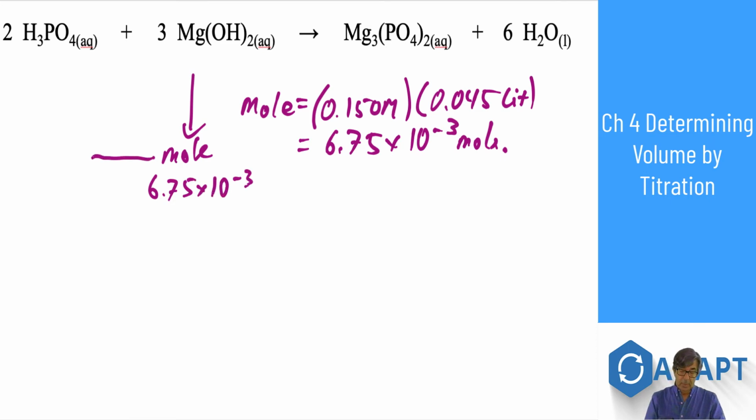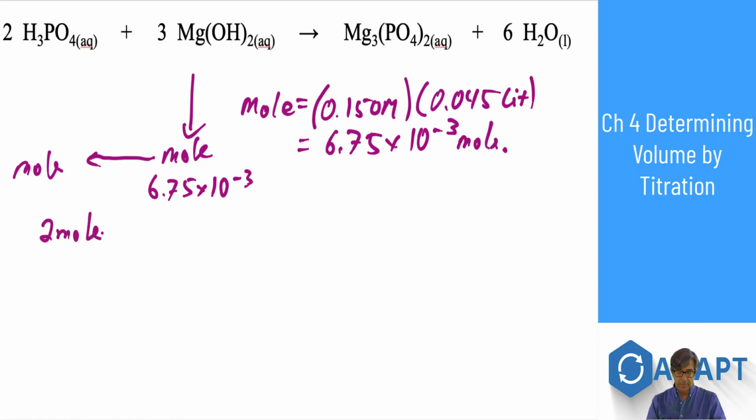And then we're going to identify, based on that, how many moles of the phosphoric acid we need to reach the equivalence point. So one could write down as a conversion factor, we see we have a 2 to 3 ratio of phosphoric acid to the magnesium hydroxide. We can write that down as a conversion factor and then use it.